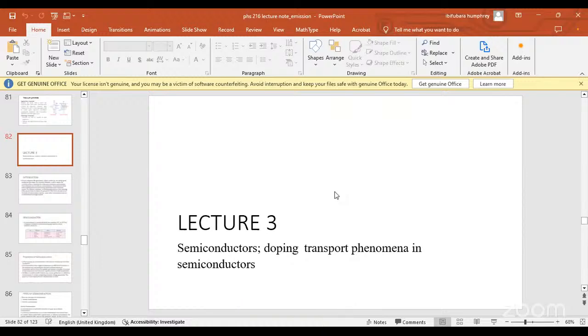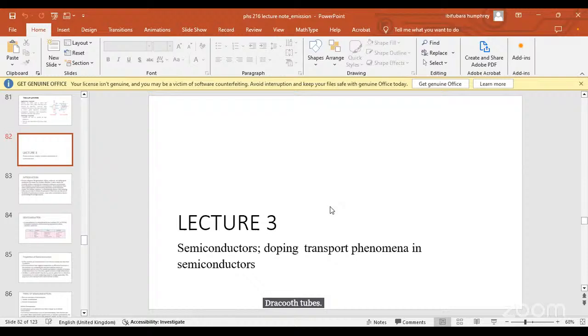Let's continue with today's class. So today we are moving on to semiconductors, which replaced vacuum tubes because of the disadvantages of vacuum tubes.